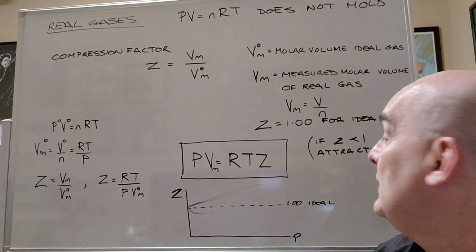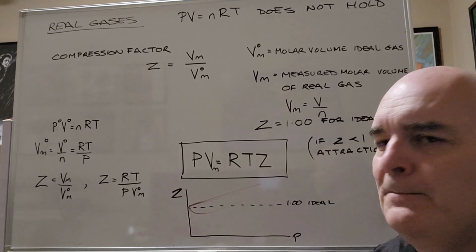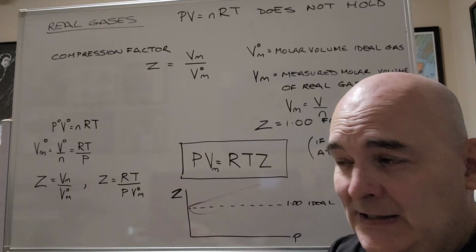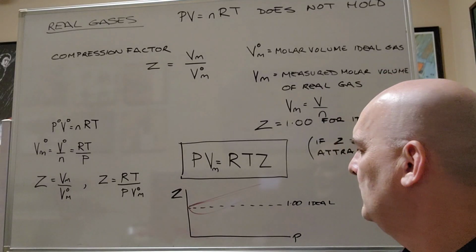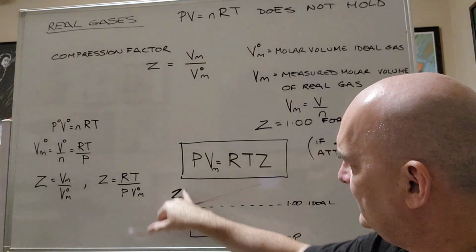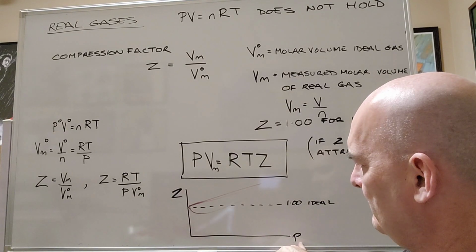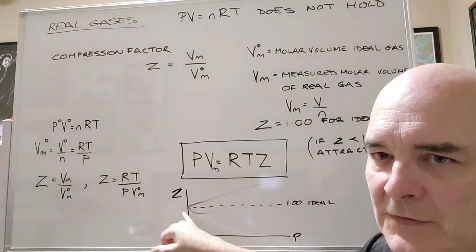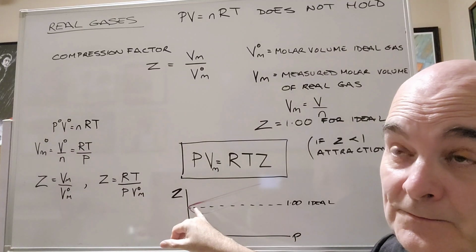Graphically, what this looks like is if we plot compression factor. We have compression factor and compressibility. They are slightly different things, and we'll deal with them when we need to. If we plot compression factor versus pressure, what we find is that when pressure is really low, we are most likely to have ideal behavior.